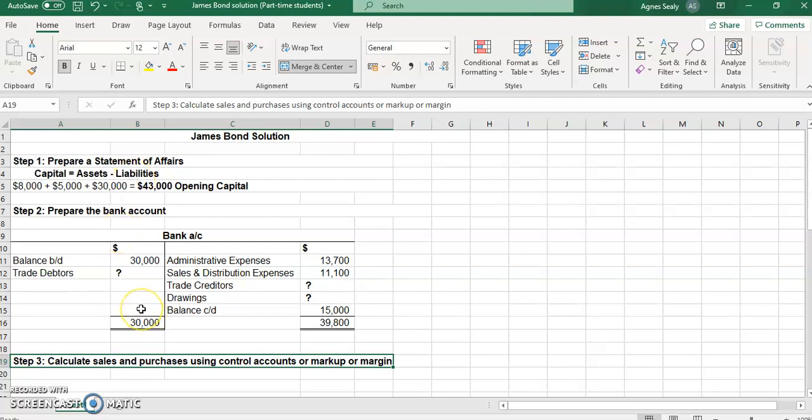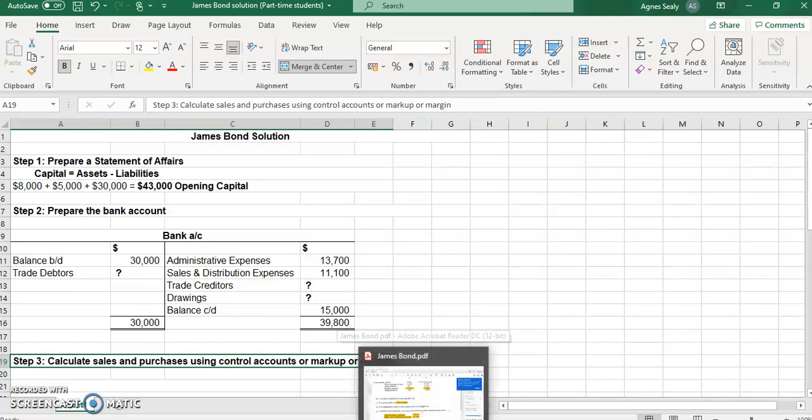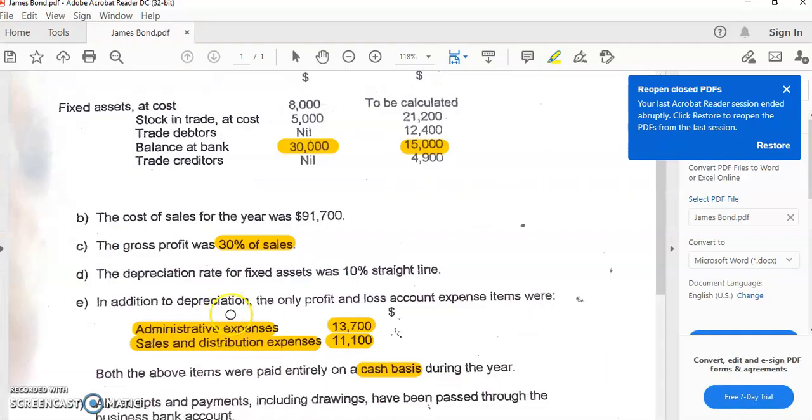So we are going to use the concept of markup and margin to work out these figures. Why are we going to use that concept? Because the question states here in C, the gross profit was 30% of our sales. So they're basically telling you whatever James Bond's sales were for the financial year, his gross profit was 30% of those sales.